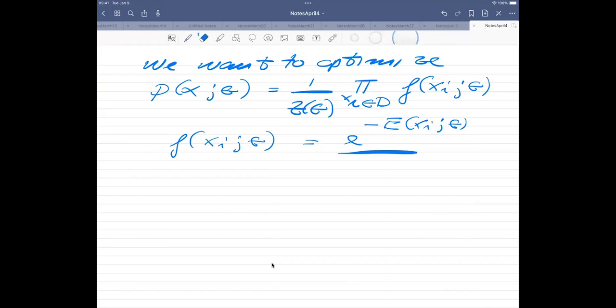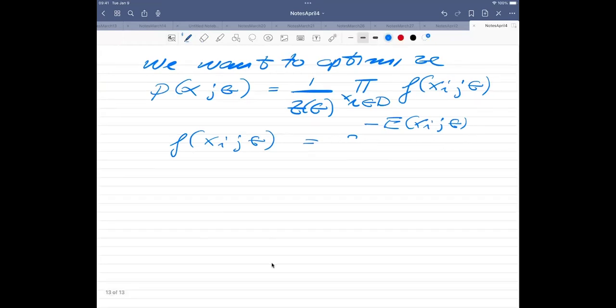So let's just keep that one as it stands here, like that. So the optimal parameter theta, which you would get in a standard Boltzmann machine approach, is that you take the maximization of the log of this quantity here.